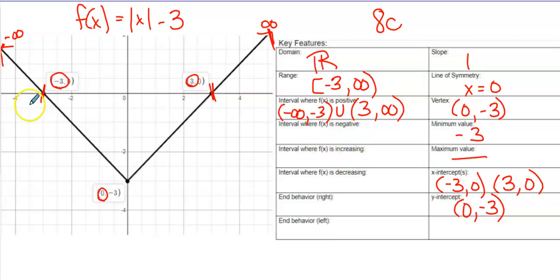Interval where it's negative, again, it's here to here because it's one continuous interval there. So that's going to be -3 to 3. F of x is increasing, that's on this side, and it's going from 0, this time it's this x value, 0 to infinity. Where it's decreasing is over here on the left, and it goes from negative infinity to 0.